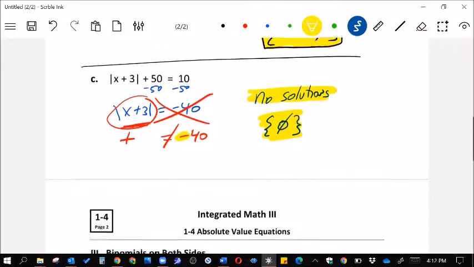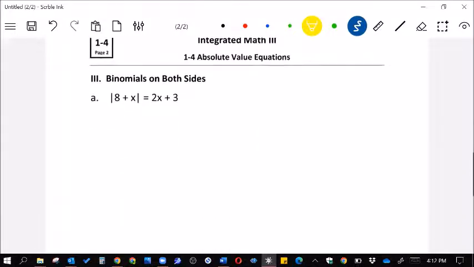All right, now let's look at when you have binomials on both sides. An interesting kind of little thing. Here, what happens is you essentially still do the same type of thing. We're still going to apply the same rule. So that means here we're going to do a case A and a case B. In case A, I no longer need the absolute value bars. 8 plus x is equal to 2x plus 3.